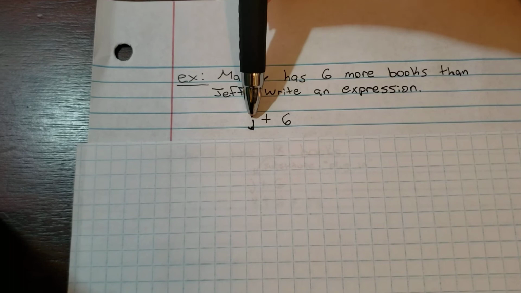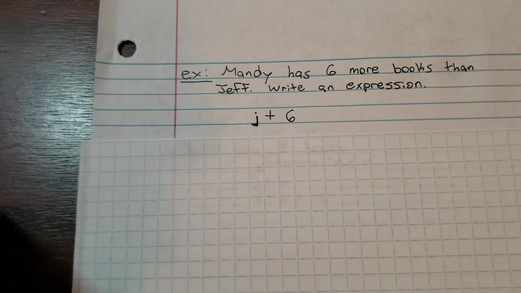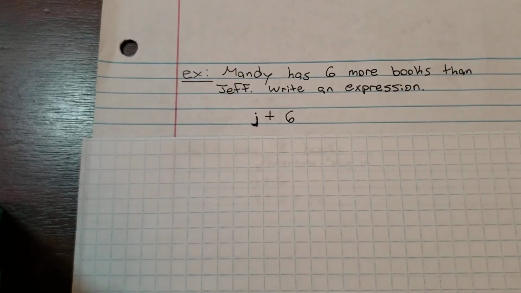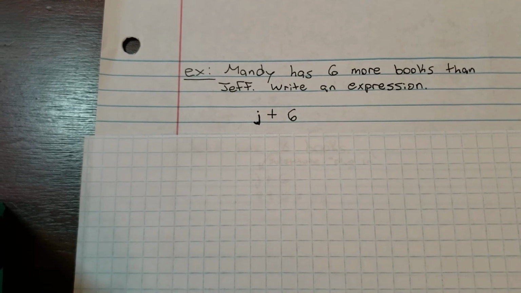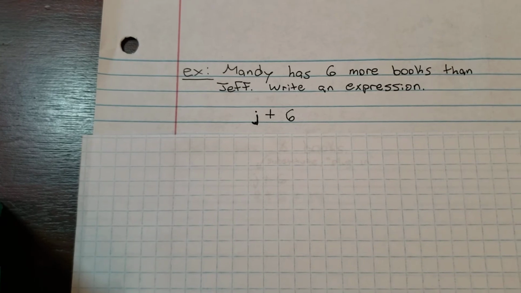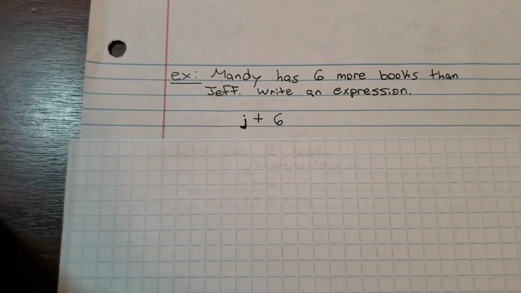Mandy would be Jeff plus 6. Doesn't really matter in this case if you use a lowercase j or an uppercase j. I mean, honestly, you could even put x plus 6, x meaning the amount of books that Jeff has.